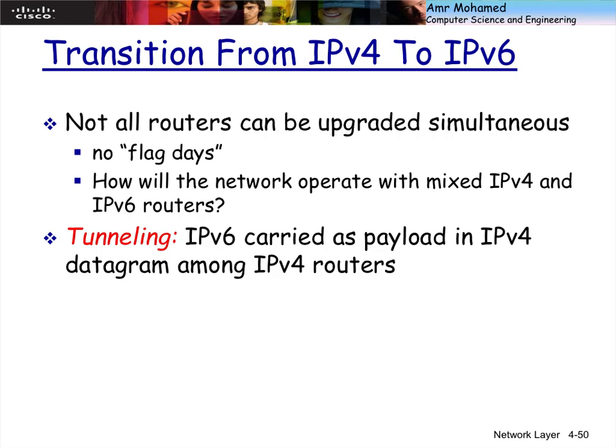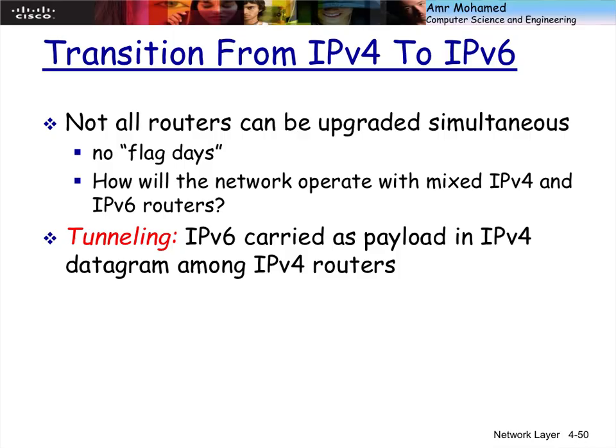Now, the transition from IP version 4 to IP version 6 is one of the grand challenges that faced the designers of IP version 6. Because IP version 4, the whole internet is IP version 4 by default.